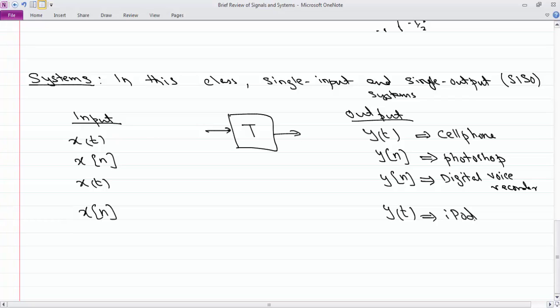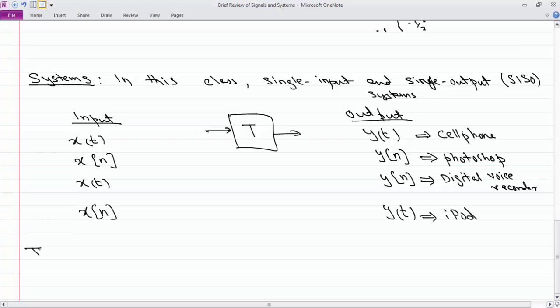So a system can have any of these forms, and to describe a system, you need to know the input-output relation between every possible input and every possible output for general systems. But that's too complex.